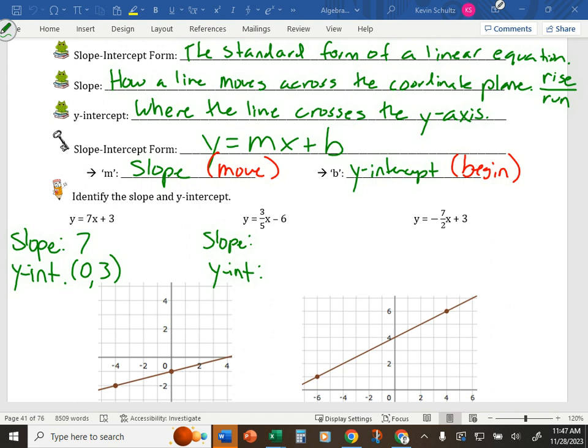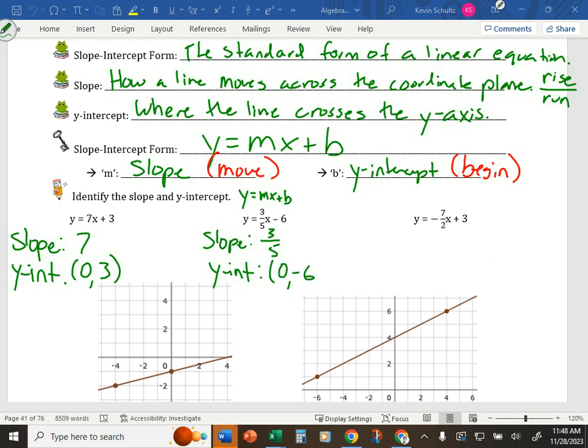What value is in the place of m? William? 3/5. You knew that off the top of your head. Why didn't you raise your hand? That's how the line is going to move across the coordinate plane. Up 3 over 5, up 3 over 5, up 3 over 5. What's the y-intercept? Mia? -6.